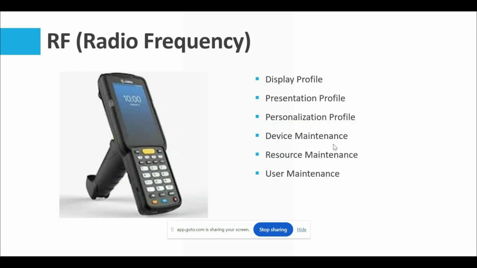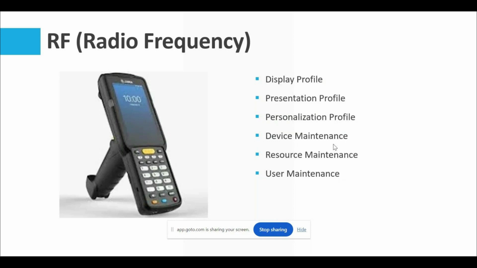You can have one custom presentation profile and multiple personalization profiles. With these combinations, you can have the menu created as per the business requirement, and for whatever set of users the business gives, in the user settings you just assign that personalization profile, so that whenever that user logs into an RF application, he will see only that menu. So this authorization is managed through the personalization profile in the RF applications.